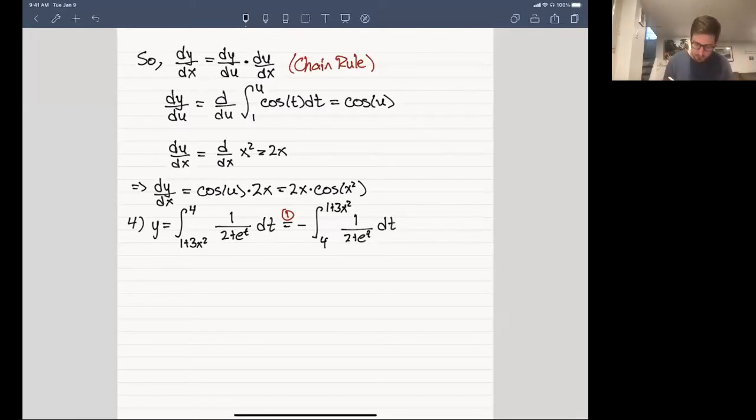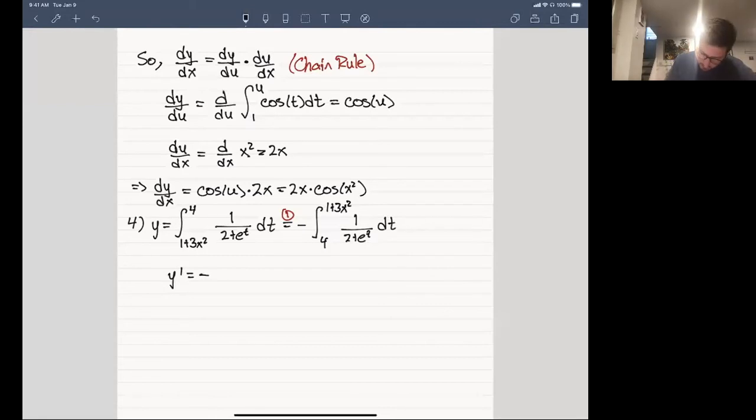So I'm going to skip through the steps. I want you, if you're following along at home, to try and do this on your own, to work through the proper chain rule steps here. So the first thing that you're going to do is differentiate using the regular fundamental theorem of calculus and put the upper bound into the integrand.